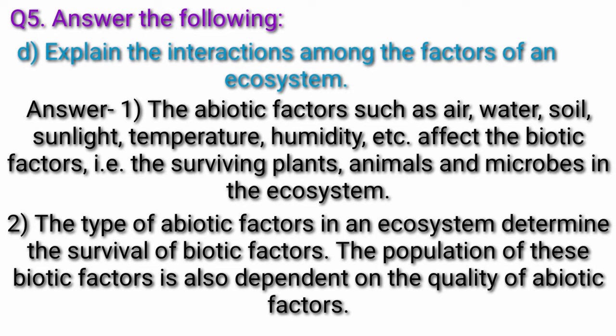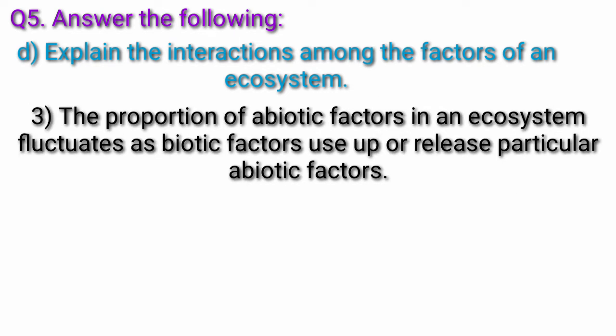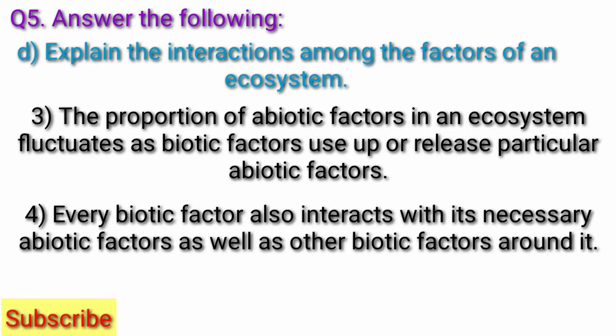The population of these biotic factors is also dependent on the quality of abiotic factors. The proportion of abiotic factors in an ecosystem fluctuates as biotic factors use up or release particular abiotic factors. Every biotic factor also interacts with its necessary abiotic factors as well as other biotic factors around it.